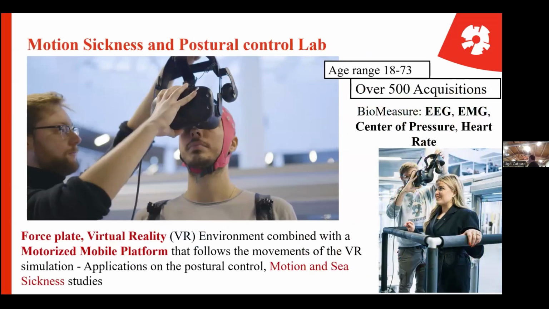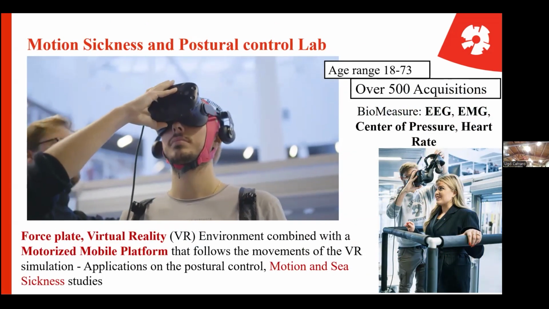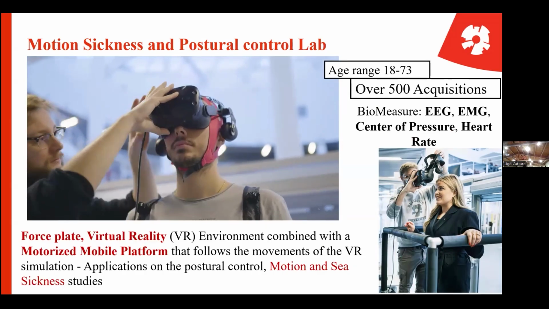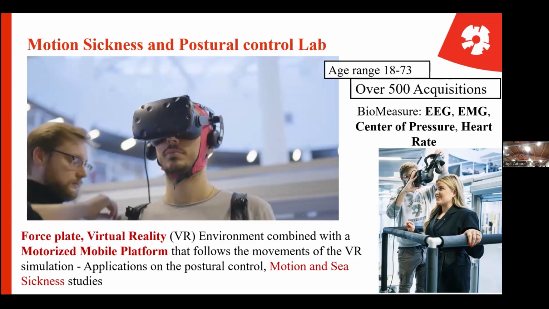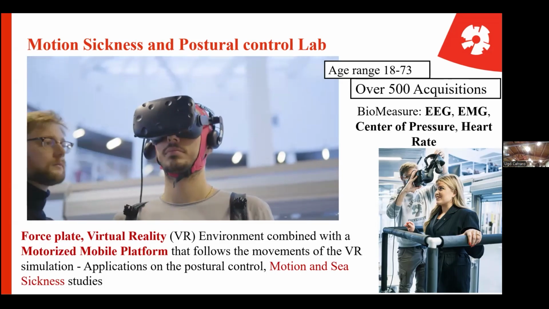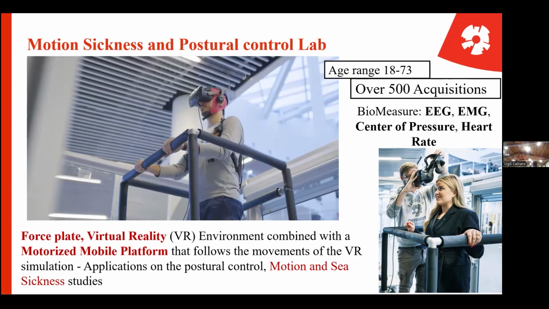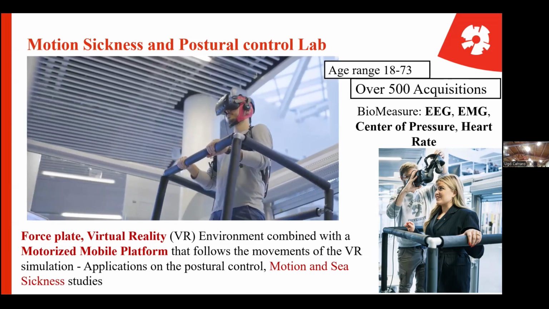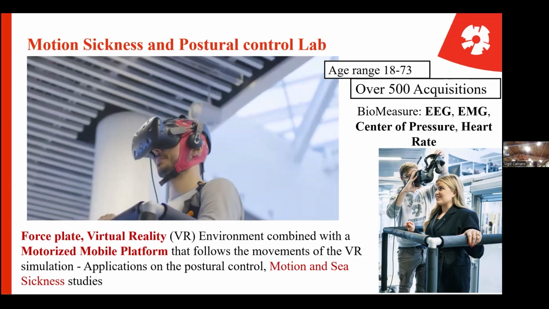So then we created a second paradigm, which is still postural control, but it gives very strong visual impulses through virtual reality. So virtual reality, high-density EEG, and again, a moving platform that is synchronized with the visual impulses and creates the activity on a boat.